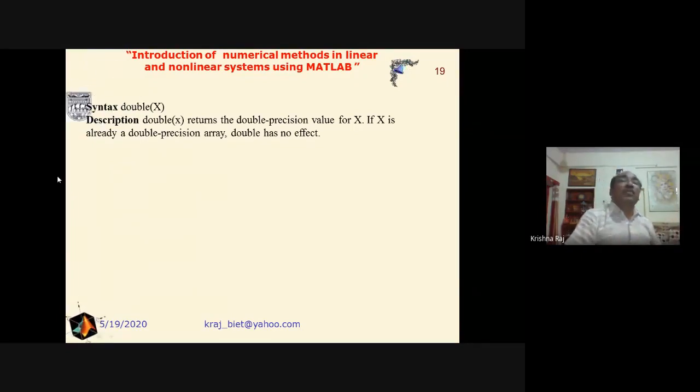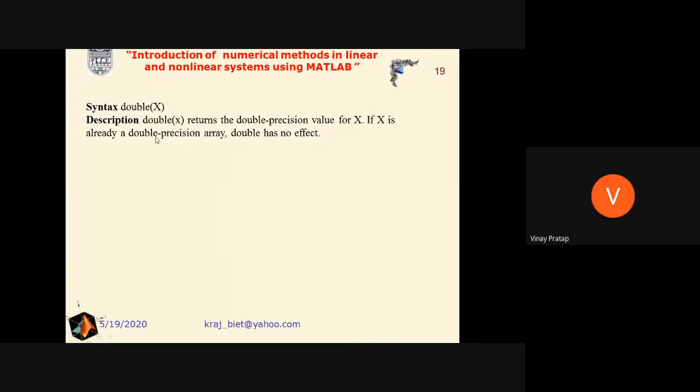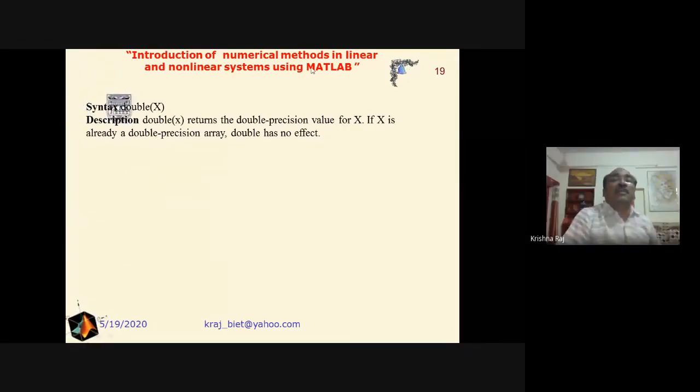So we have to follow a syntax for the number system. Either we can use single precision or double precision. If we are interested in double precision, then we will write double x. When we say double precision, it is the 64-bit number precision, and it is a floating point representation.